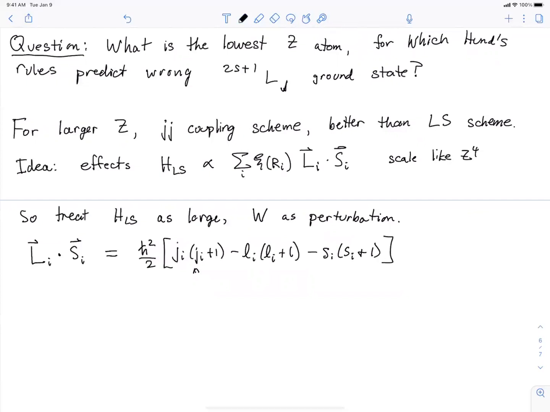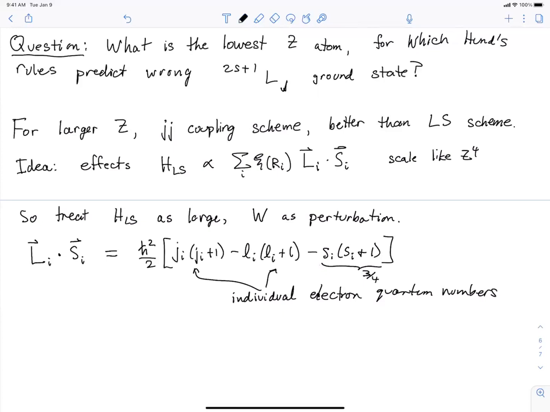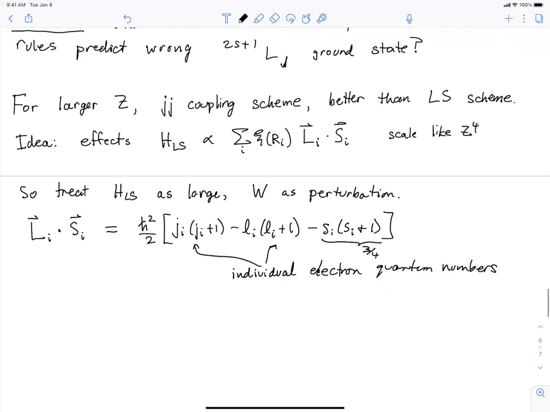These are individual quantum numbers, individual electron quantum numbers. And of course this one is 3/4 for each electron. The L sub i's here you're going to get by looking at the electron configuration. A 2p would mean the L would be 1. 3s would mean the L would be 0, etc.